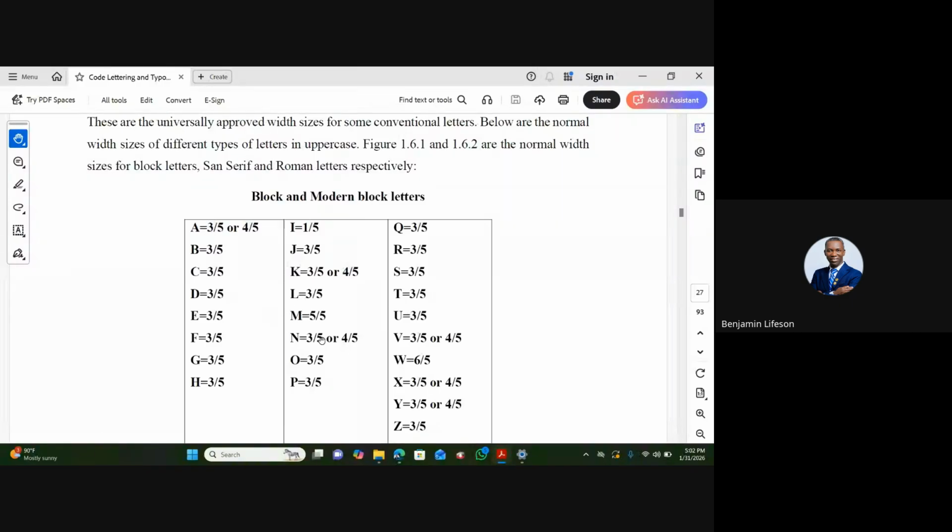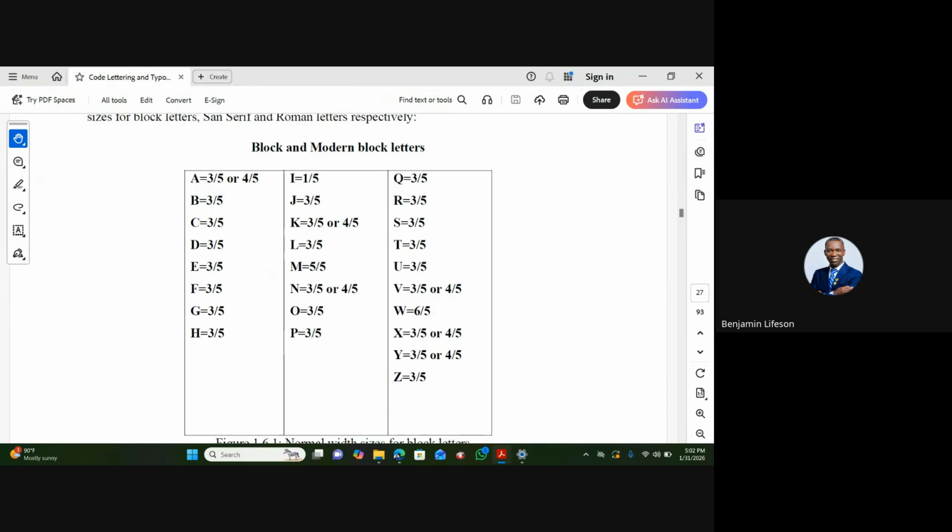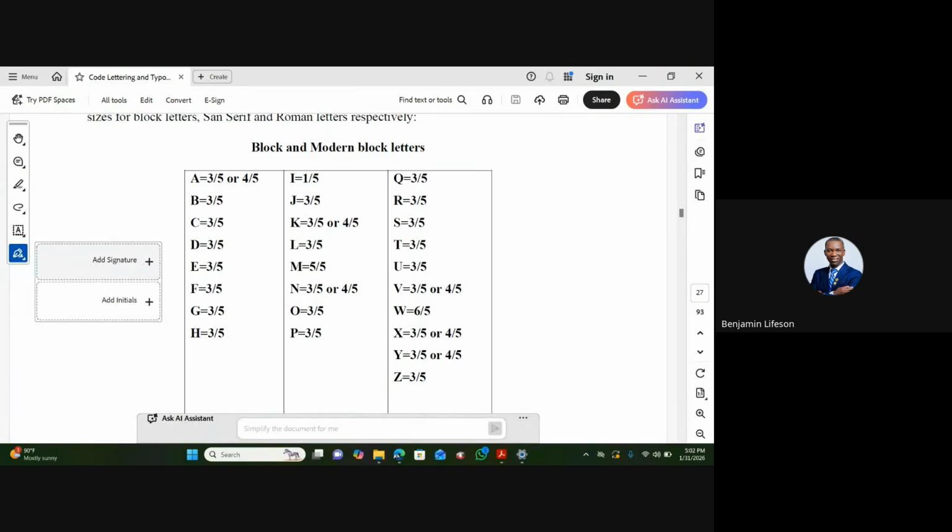How many? I wish I could draw something for you to see, so let me see whether I can do something, so that you understand. We use blocks for letters.